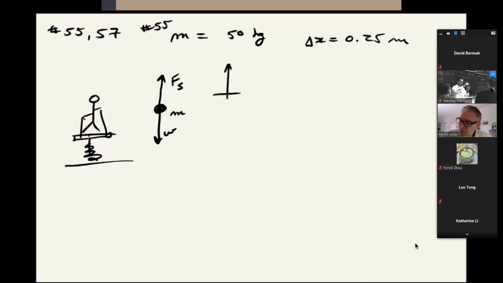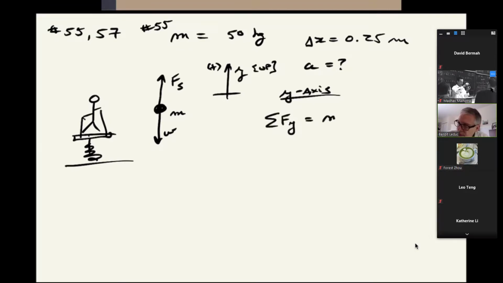So let's put some direction here. Up is positive. You're looking for acceleration. So along the y-axis, the summation of the forces is equal to the mass times the acceleration.